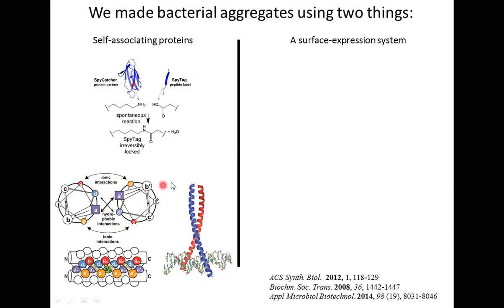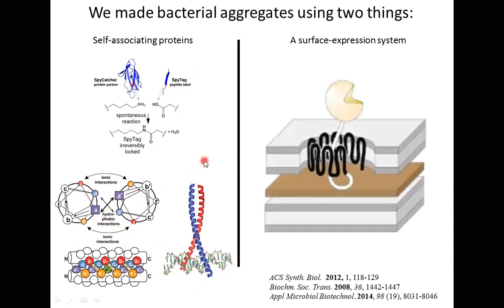bacteria together, eh? The surface expression system we used is something called the auto-display or auto-transporter system, where you have a protein of interest that's represented by this Pac-Man over here.